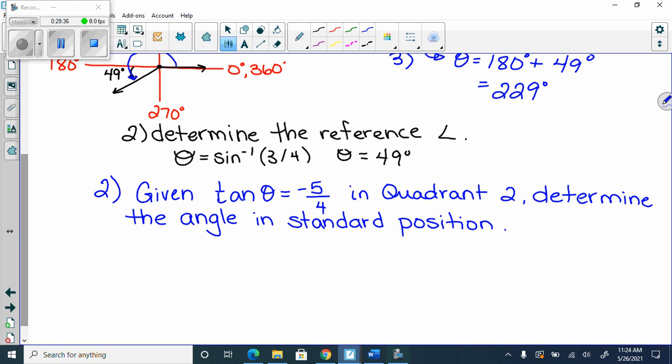So our first step is to sketch it. So I have 0, 90, 180, 270, 360.